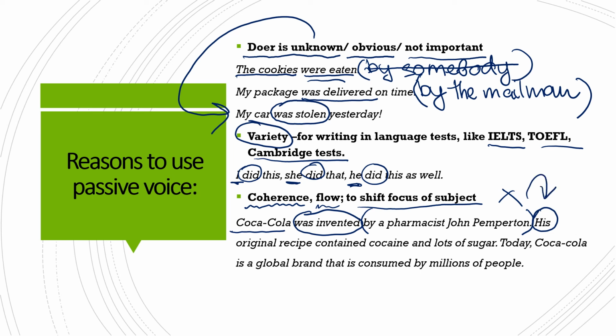So his original recipe sounds much better than saying John Pemberton's original recipe contained cocaine and lots of sugar. So it gives you lots of flow and less repetition in your sentence. And now you can use Coca-Cola in the next sentence again, and everything is okay. So nothing disturbs you as a reader.